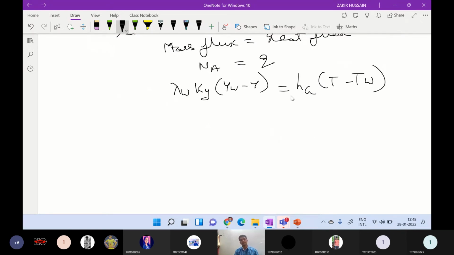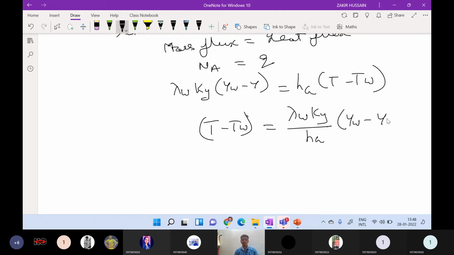Now we can easily write T minus Tw is equal to lambda W into Ky by Hg into YW minus Y.